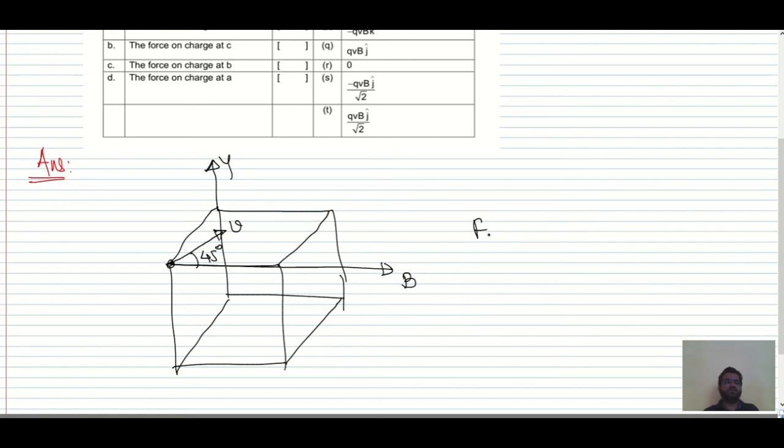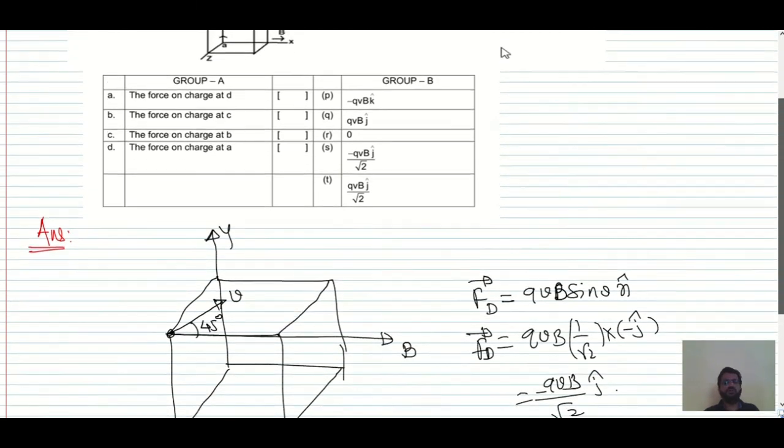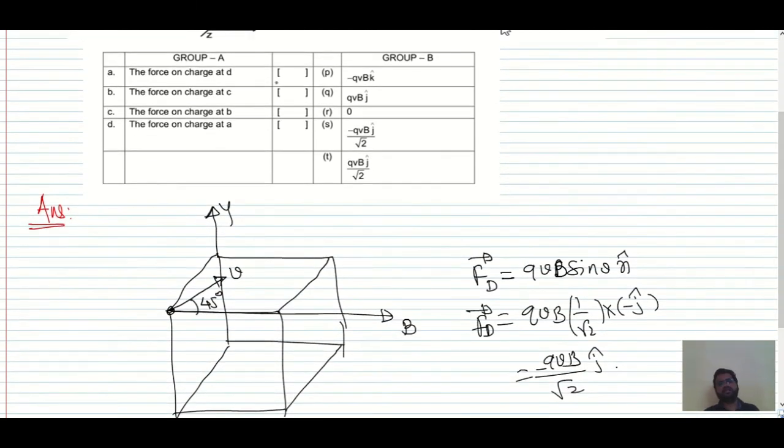So the force on the charge at D is equal to QVB sine theta into n hat, the unit vector. QVB sine 45 is 1 by root 2 into n hat, that is minus j hat. So the answer is minus QVB by root 2 into j hat, it is S.